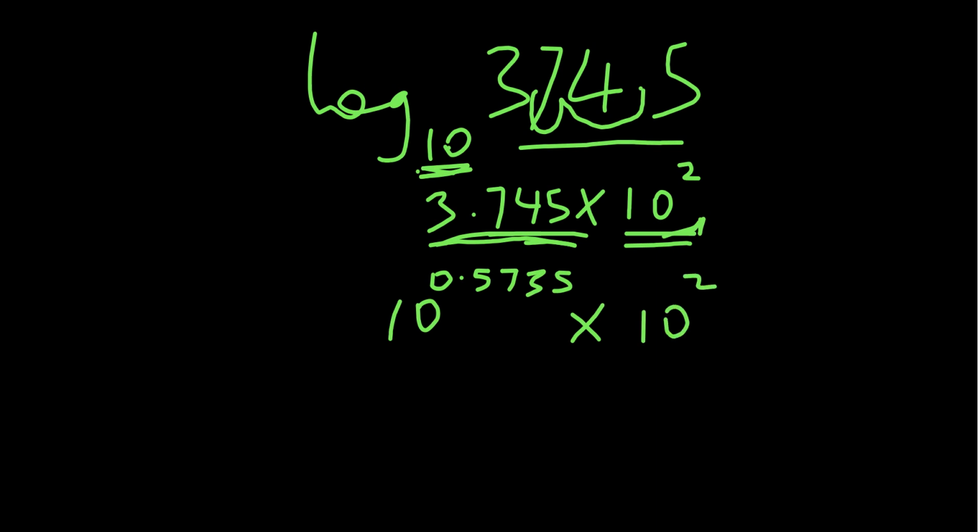Okay, so we know from the previous video that the law of indices says that whenever numbers that have the same base are multiplying each other, just like this one has base 10 and base 10 here, because we have succeeded in bringing this one into a base 10 by getting a log of it from the four-figure table, we can now add the indices according to the law of indices.